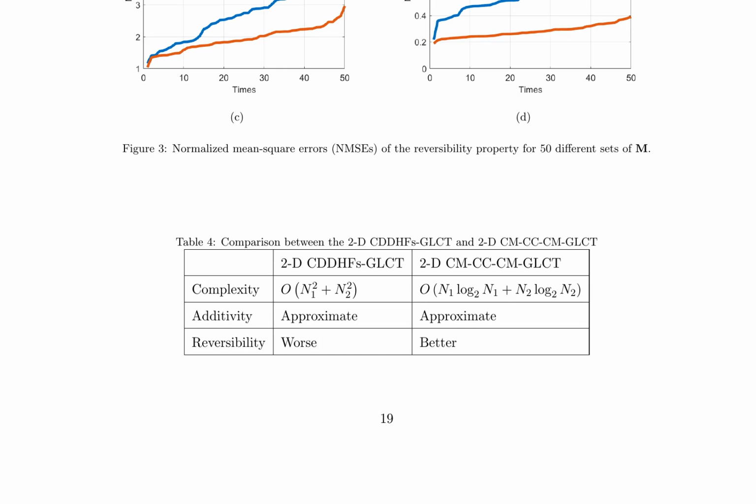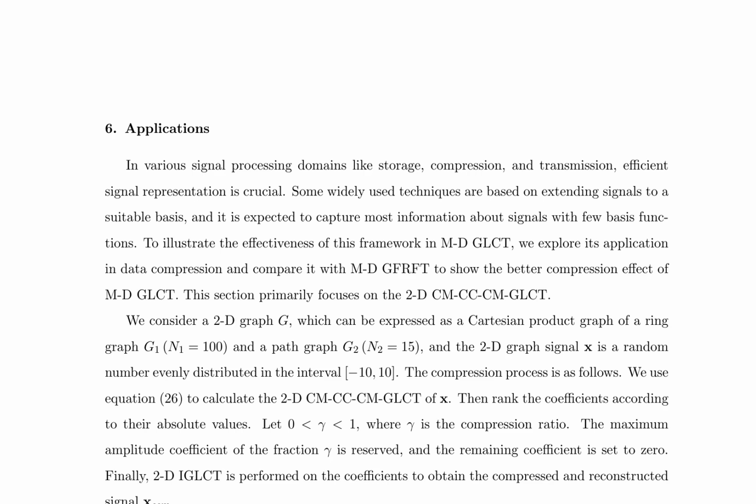This is demonstrated through normalized mean square errors, NMSEs, of the reversibility property for 50 different sets of M, as well as a comparison table detailing the complexity, additivity, and reversibility of both frameworks. The paper also explores the application of the M-D GLCT in data compression, comparing it with M-D GFRFT.